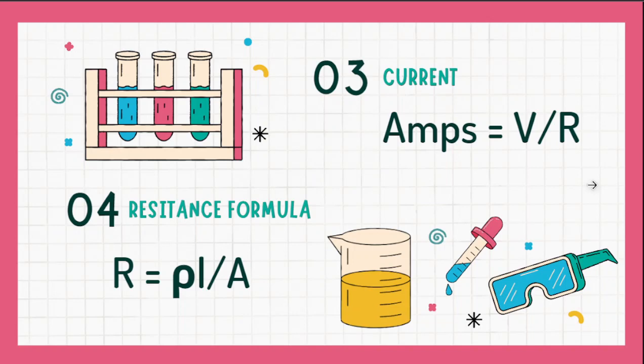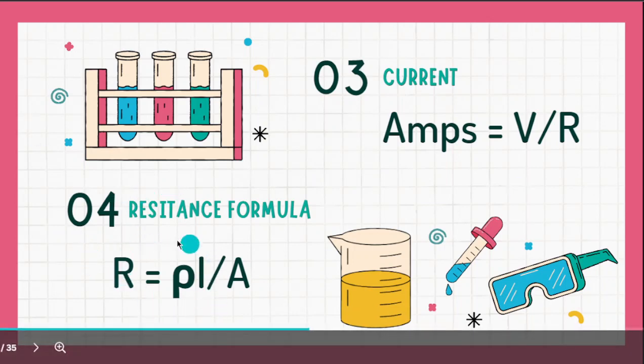The resistance formula is R equals rho L by A. Now I will tell you what this rho is. Rho is the resistivity. Resistance and resistivity are both very different things. We are going to cover that in another video, but for now, understand that this symbol, which looks like a P, is actually not P, but is referred to as rho. So R equals rho L by A.